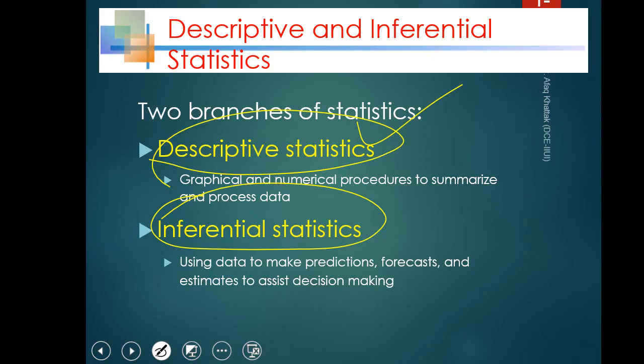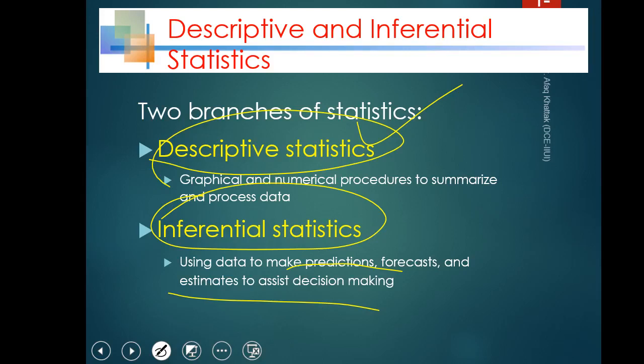Now if you use the sample and make predictions, forecasts and estimates to help in decision making, that is known as inferential statistics. Examples of descriptive statistics are the mean, standard deviation, graphical representation, or a frequency distribution diagram.